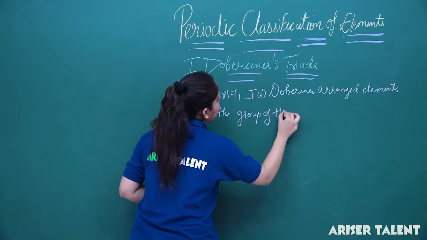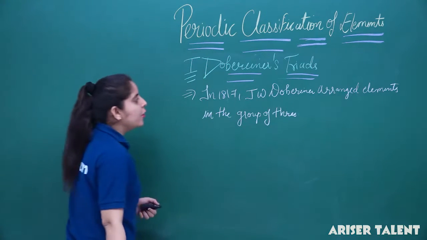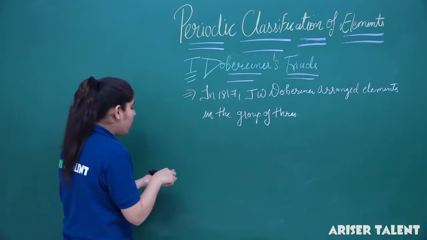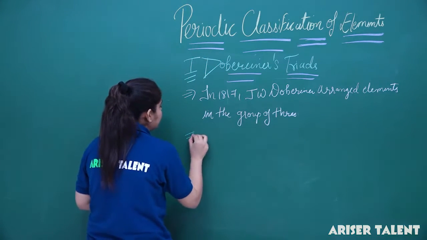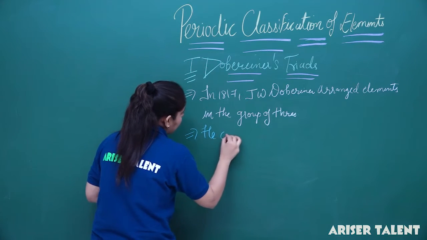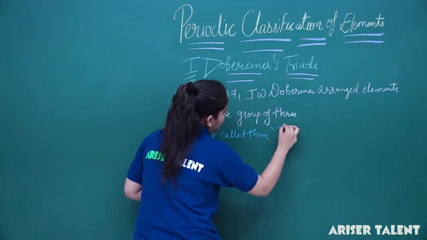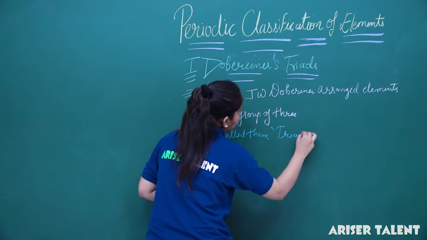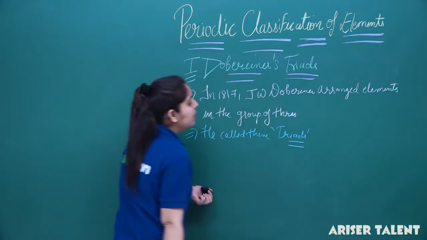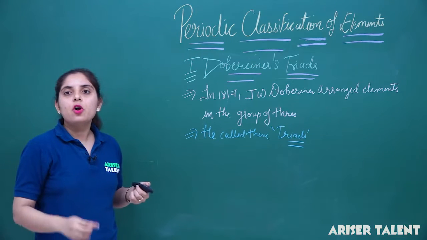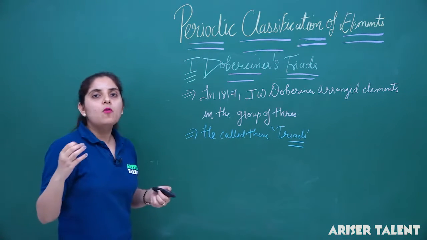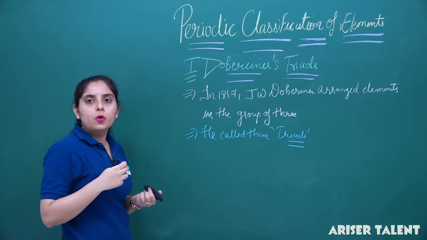He took the elements in groups of 3, and he called these groups triads. So this is the general aim of classifying the elements according to Dobereiner's triads.